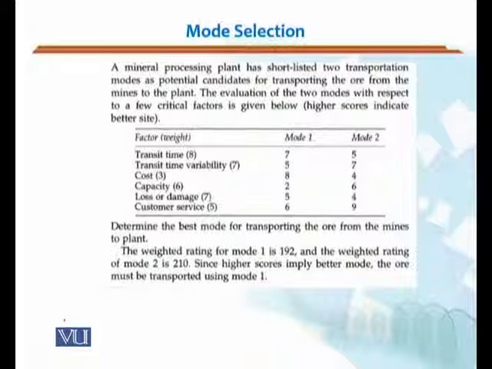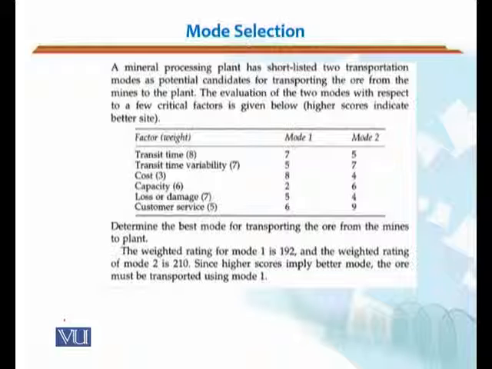Now let us look at an example for mode selection. A mineral processing plant has shortlisted 2 transportation modes as potential candidates for transporting the ore from the mines to the plant. The evaluation of the 2 modes with respect to a few critical factors is given below.